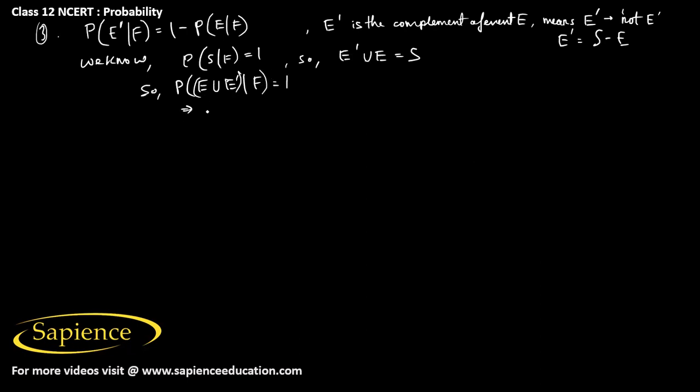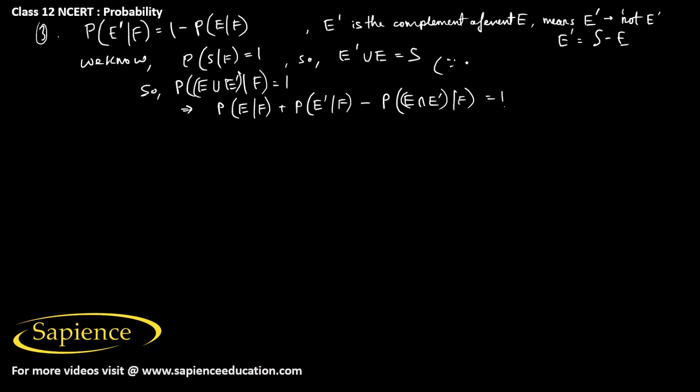Therefore I can say the probability of E union E dash can be written as the probability of E given F plus the probability of E dash given F minus the probability of E intersection E dash given F, equals 1.